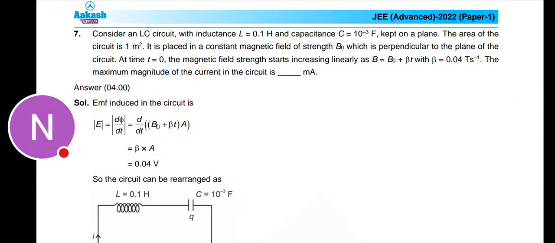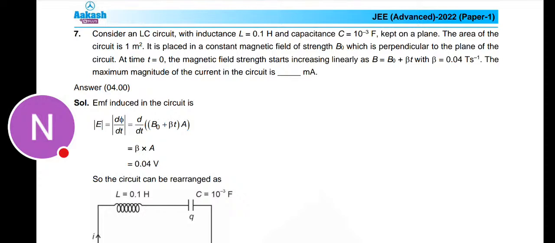Moving on to our next question, question number 7. Here they have asked: consider an LC circuit with inductance L equal to 0.1 H and capacitance C equal to 10 to the power minus 3 Farad, kept on a plane. The area of the circuit is 1 meter square. It is placed in a constant magnetic field of strength B naught, which is perpendicular to the plane of the circuit.